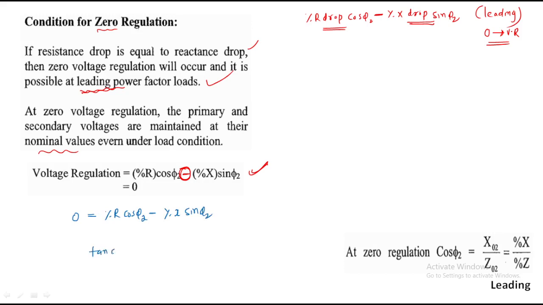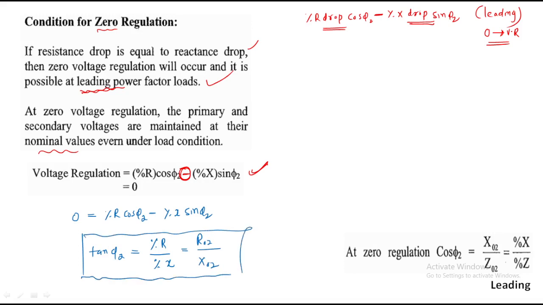From this, tan phi 2 is equal to percentage R by percentage X, right? Tan phi 2 should be equal to percentage R by percentage X, which is nothing but R02 by X02. This is the phase angle with respect to tan.